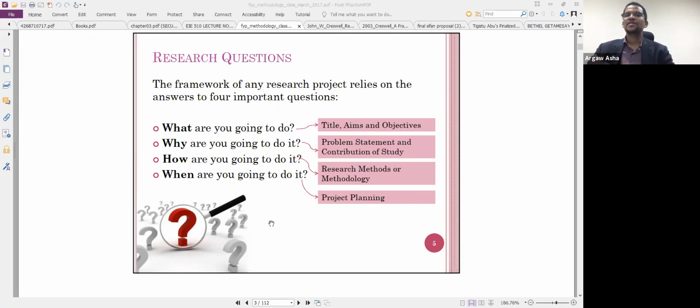If the bridge collapsed, there is no way these two cities may be connected. So are you going to do this research for problem solving or for contribution to the study? Sometimes the cumulative contributions of studies come to solutions for the society.